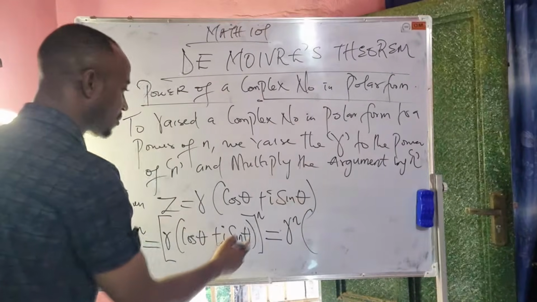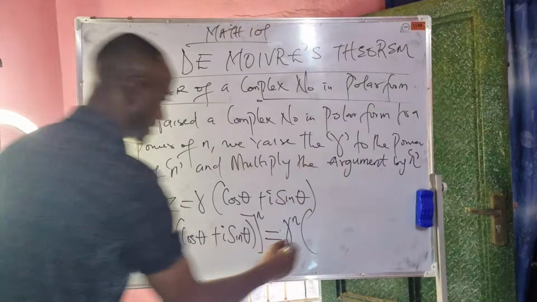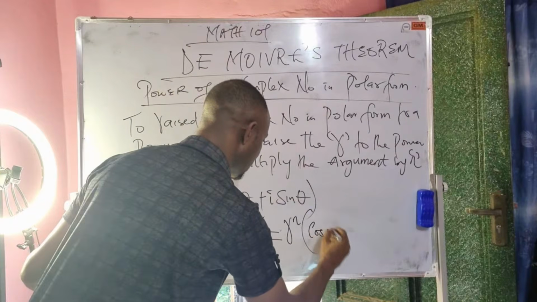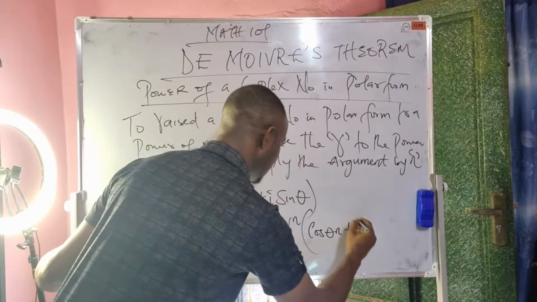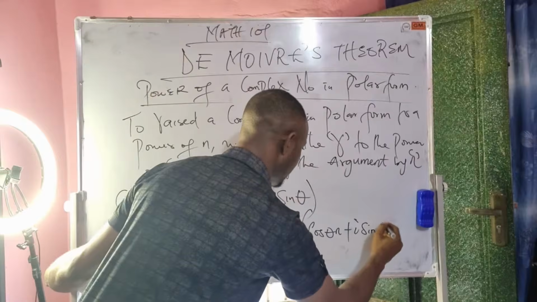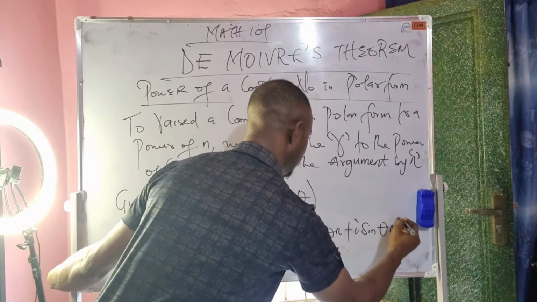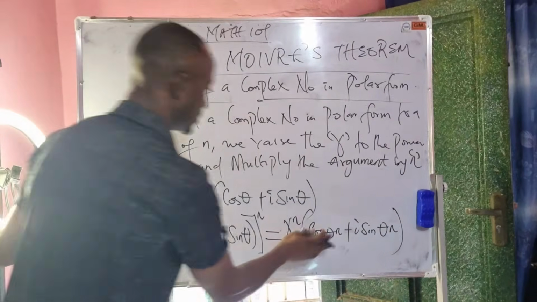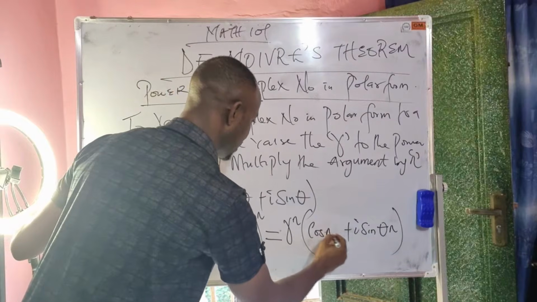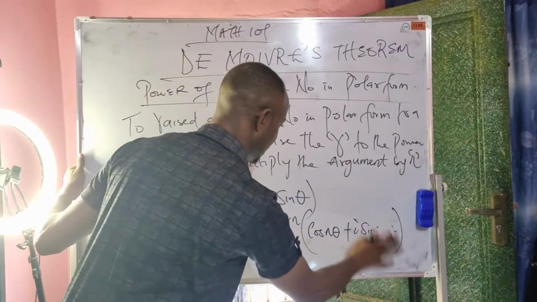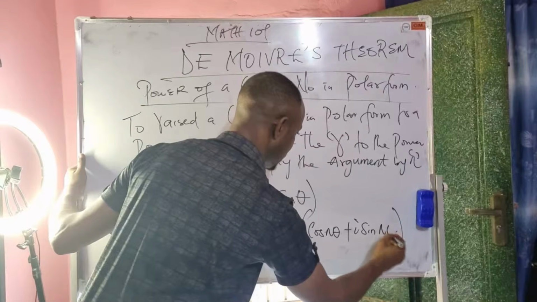Then in bracket, I multiply the argument theta by n, which gives cos n theta plus i sin n theta. Most of the time we use n theta.